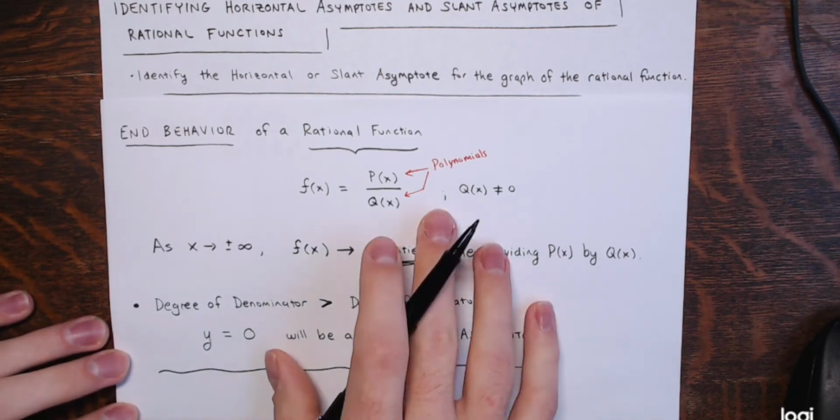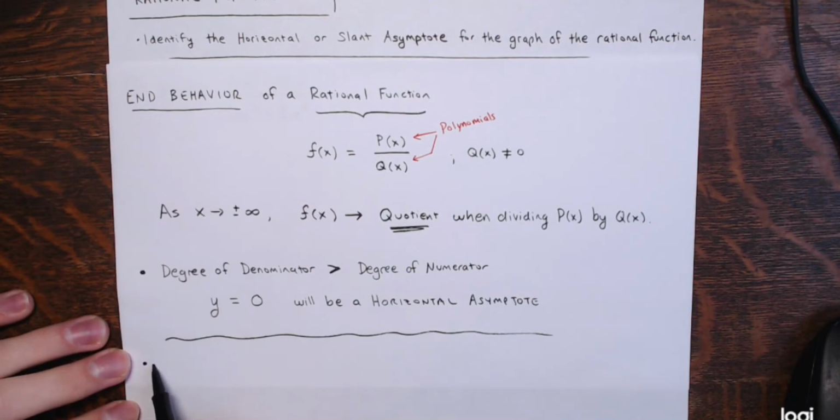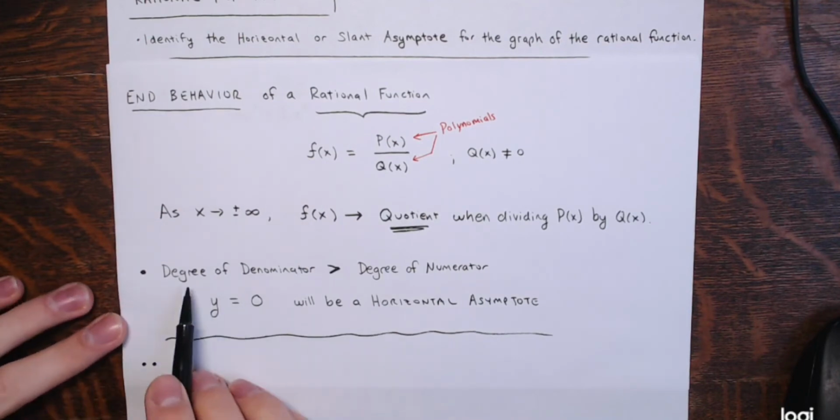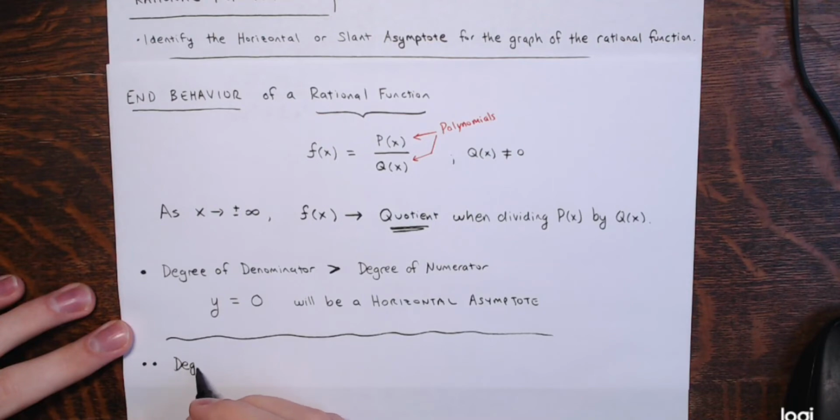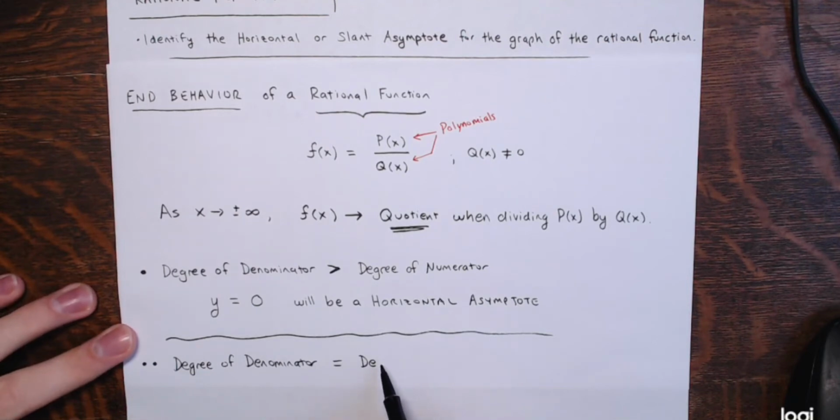The next case is if the degree of the denominator is the same as the degree of the numerator. If they have an equal degree, then you have an improper fraction and you can perform polynomial long division, and the quotient won't just be 0.